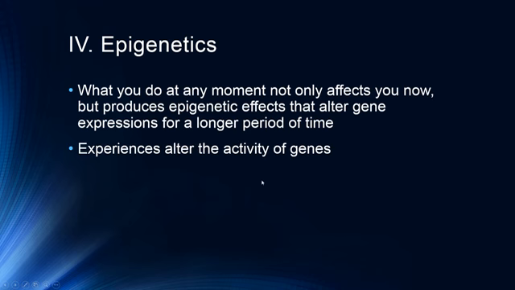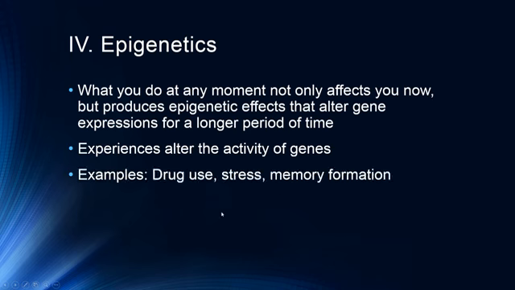So our experiences can alter the activities of genes, and the kinds of things that can do that are things like drug use that I've just been talking about. Certainly stress, long-term excessive stress can cause epigenetic alterations. There is emerging evidence that that kind of long-term stress causes changes in genetic expression that are then passed on to the next generation.